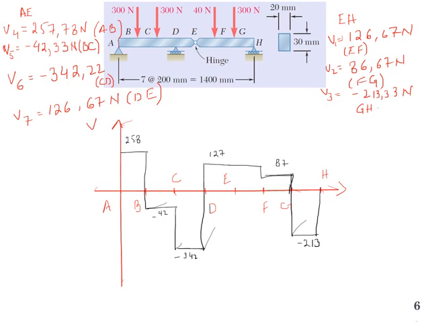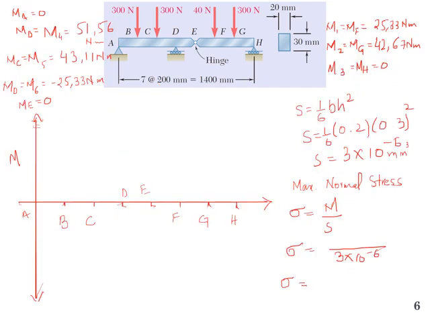We know the moment at different points, and since the shear force is constant between the segments, the bending moment will vary linearly, and we already put the value. At A it will be 0, and from A to B it will change linearly. So let me write the value of bending moment.